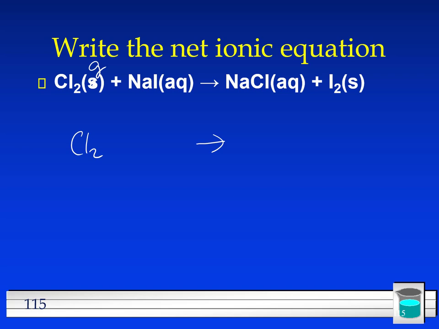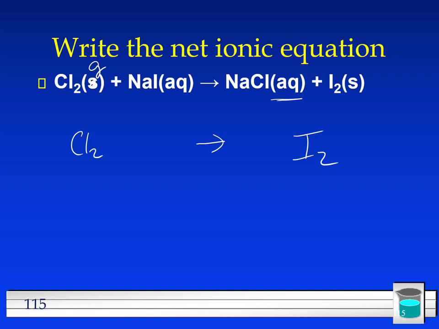Is there really NaI? No, it's aqueous. But I don't know which piece I need yet. But I know I don't need all of it. Okay, is there really NaCl? Well, NaCl says aqueous, so no, there's no NaCl. Is there really I2? I2 is a solid. So I got to do that. So now I've got the Na, I, and Cl ions.